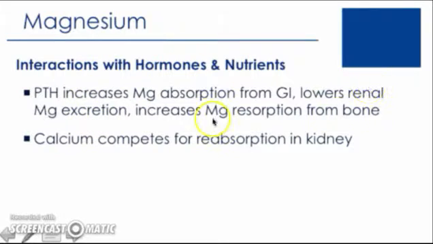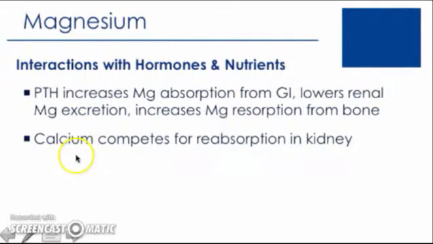This is similar to what we saw with calcium, how when serum calcium is low, the parathyroid hormone and calcitriol increase calcium absorption, lower renal excretion, and increase resorption from bone. So we can see a similar effect with magnesium.